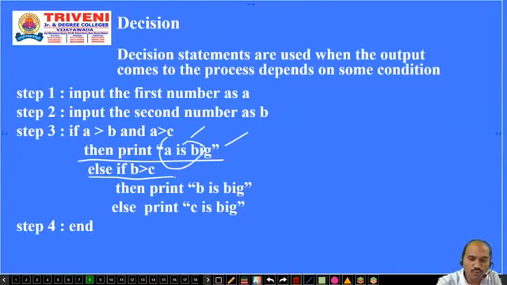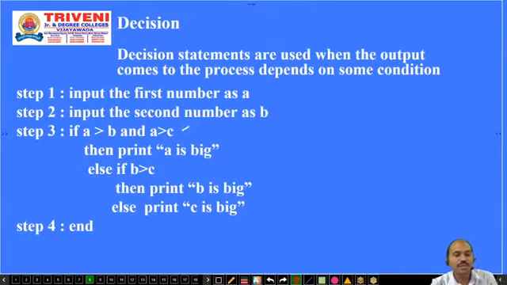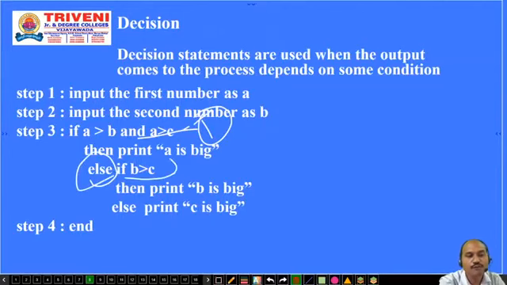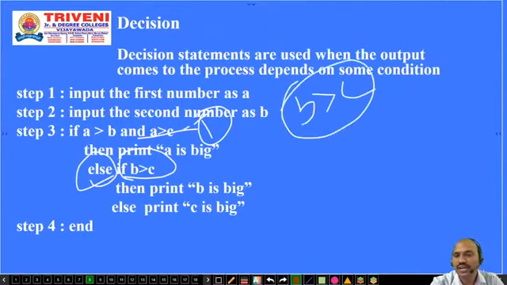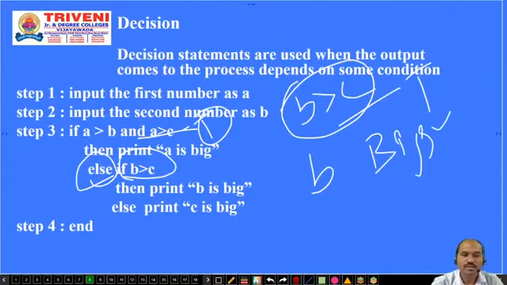First we go to the if statement, if A greater than B and A greater than C. If it is not true, you go to the next statement, else if B greater than C. If that condition is true, then you write B is bigger. So this statement is completed.